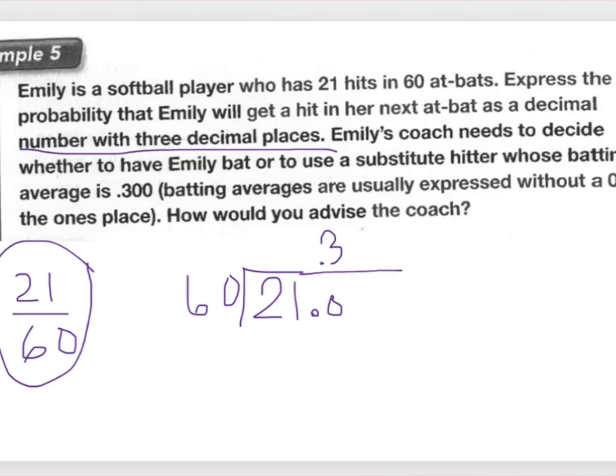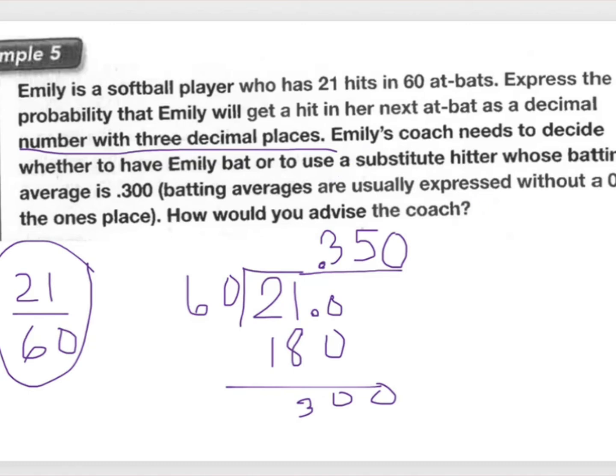I'm going to put my decimal right above. 3 times 60 is 180. Then I subtract, and I get 30. I bring down another 0, and 60 into 30 is 5. But they said 3 decimal places, so we would say her batting average is 0.350.